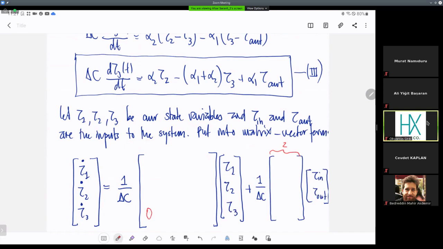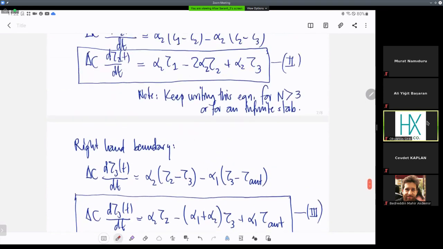For tau 2 I have alpha 2 as a factor, and I have minus (alpha 1 plus alpha 2) as a factor of tau 3, and we also have tau out over here, so no tau in, so that's going to be 0, and tau out will be multiplied by alpha 1. Okay, does that make sense?